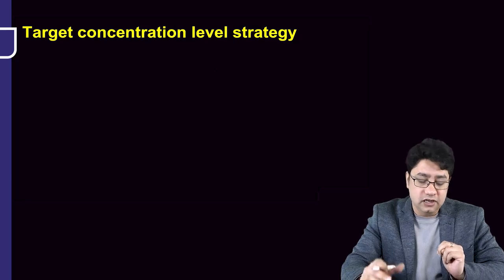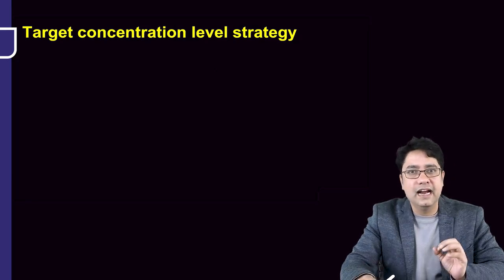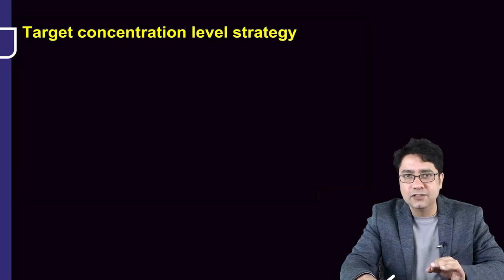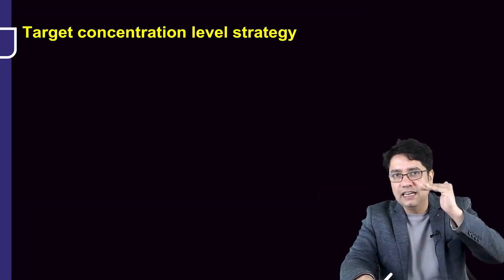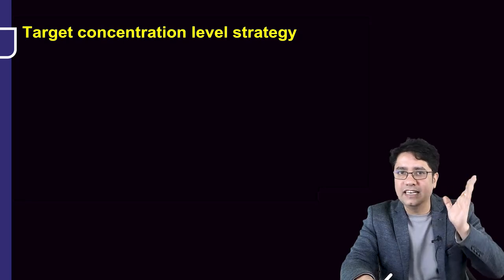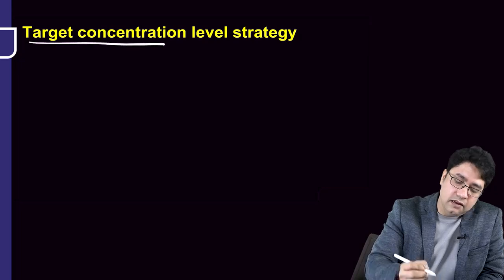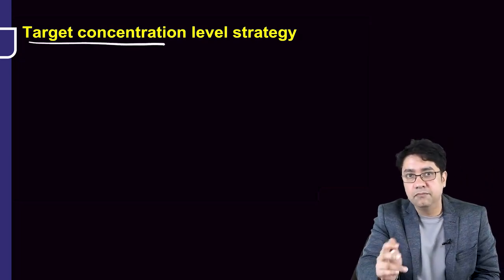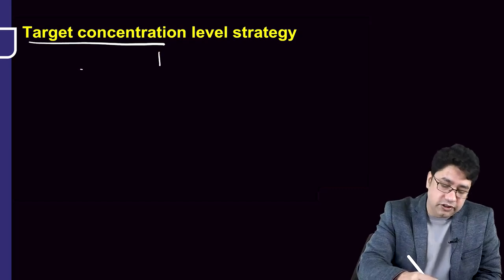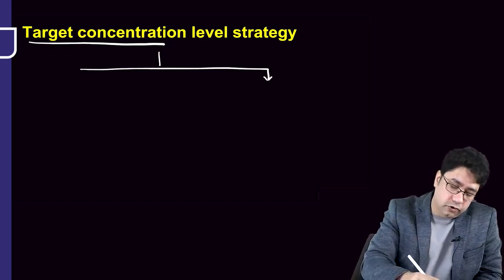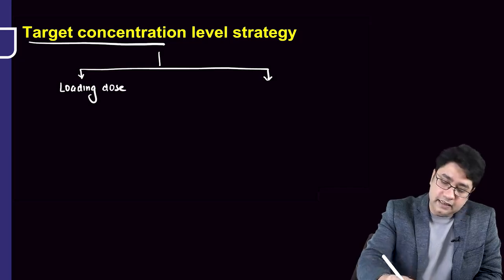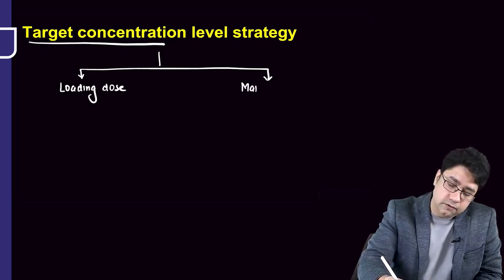The first is loading dose and second is maintenance dose to achieve our target concentration or steady state concentration. So that target concentration we can achieve by a strategy. First give loading dose and then give maintenance dose.